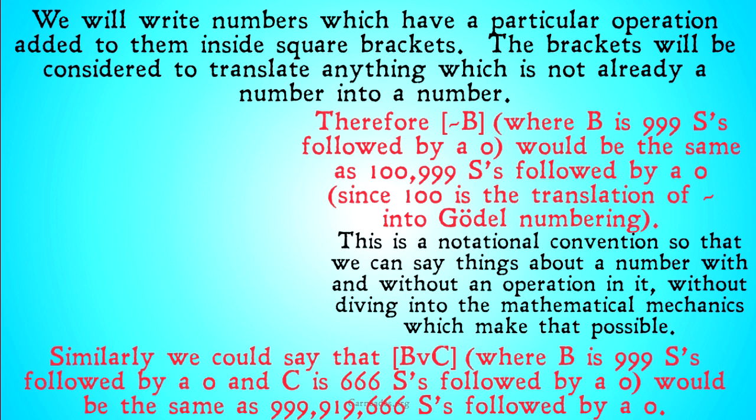Similarly, we could say that B or C in those square brackets, where B is 999 S's followed by a 0 and C is 666 S's followed by a 0, would be the same as 999, which is our representation of or, our disjunction, our V, 666 S's followed by a 0.